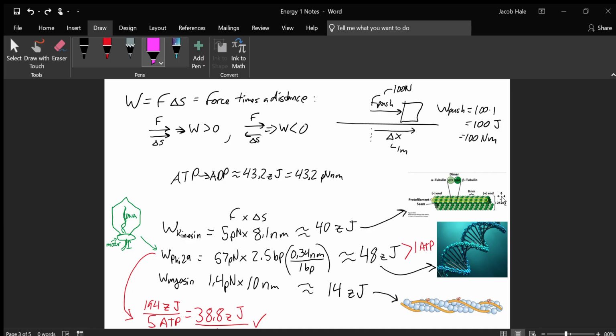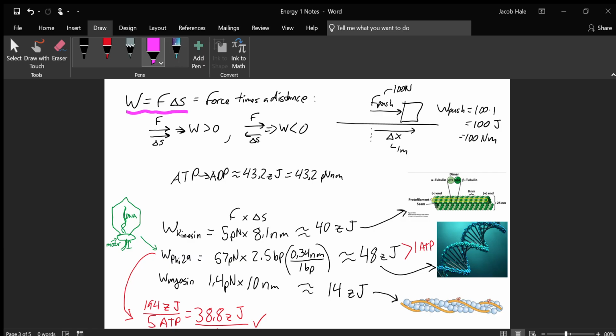We can use those ideas to show that the work depends on how hard you push on something, which makes sense. If I push harder, I feel like I'm doing more work. But it also depends on how far the object goes while you're pushing on it. If I've got someone sitting on a cart and I start pushing them down the hallway, the longer I'm in contact with them, the more that force is causing acceleration, so it's speeding up more and more.